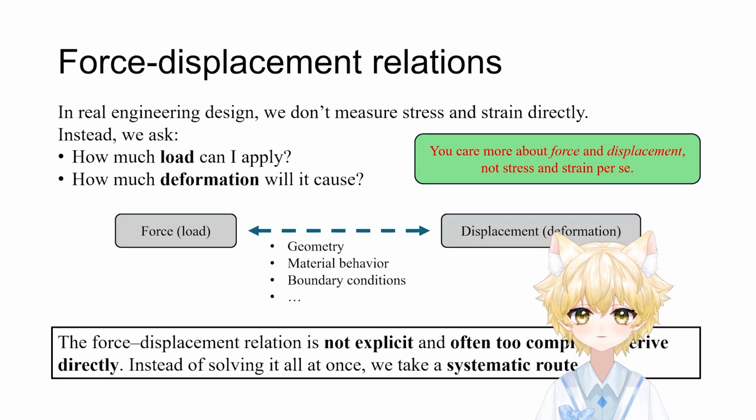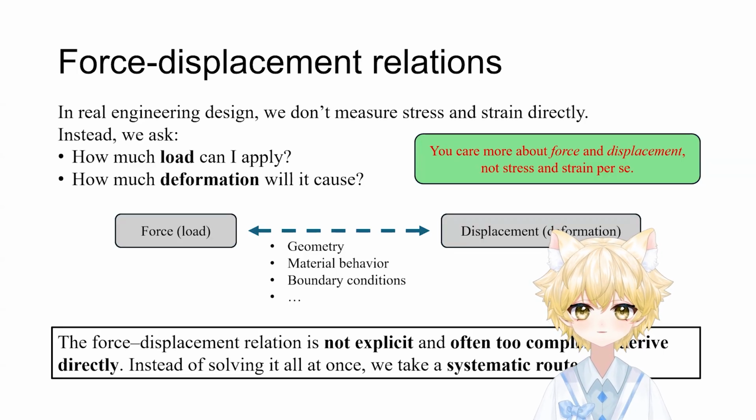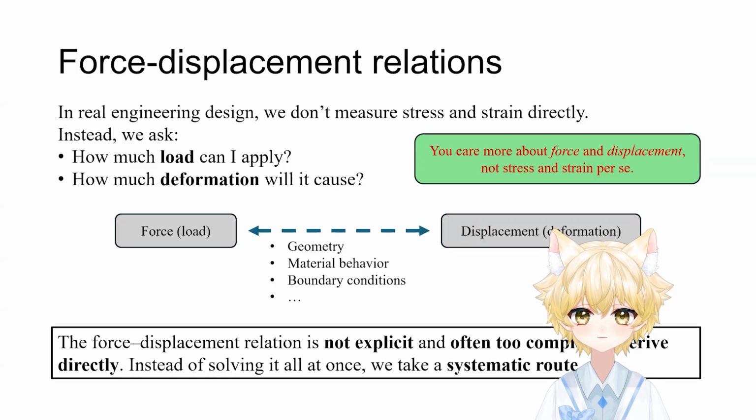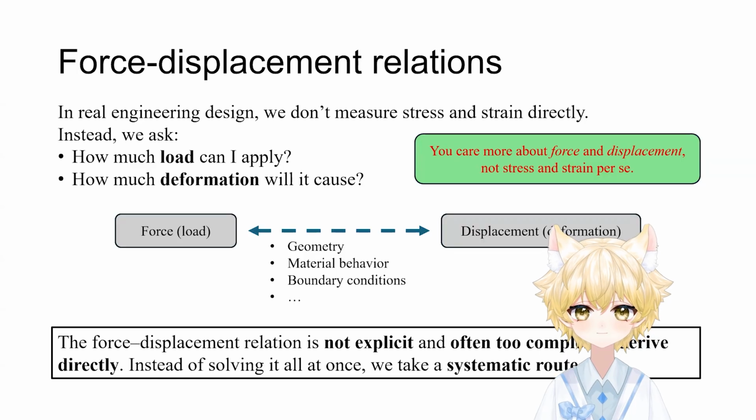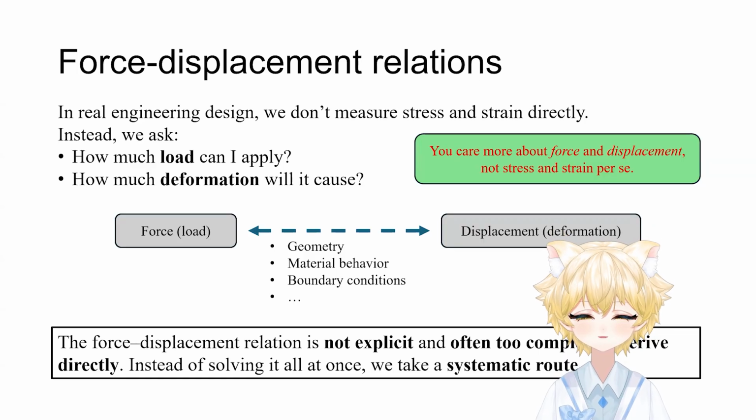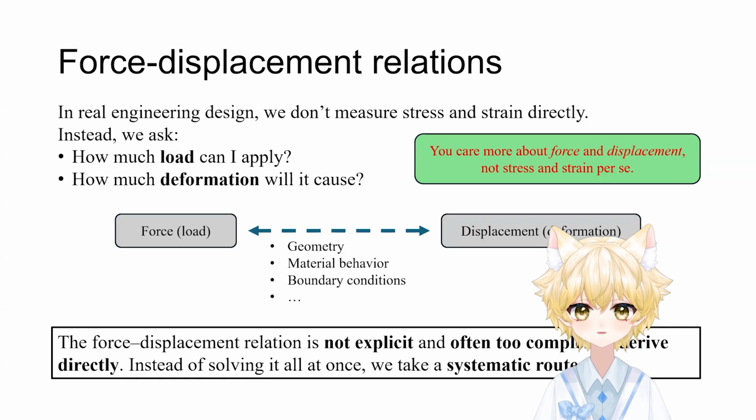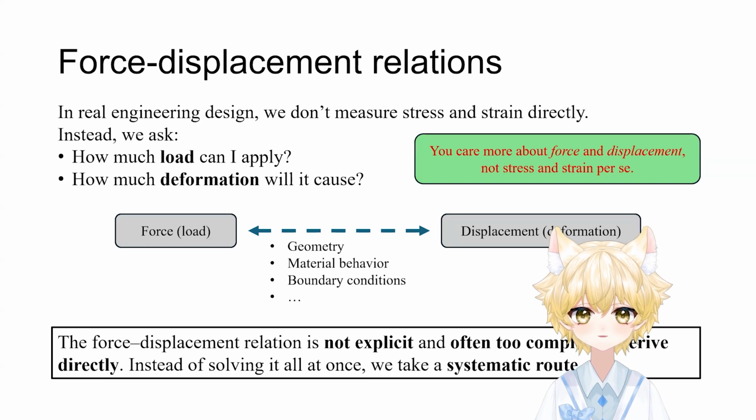For example, in aerospace, a wing may be strong enough not to break, but if it bends too much, it ruins the aerodynamics. So we often have strict limits on displacement instead of strain, right? We care about displacement to make sure our structure is safe.